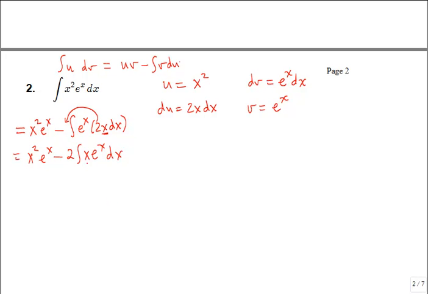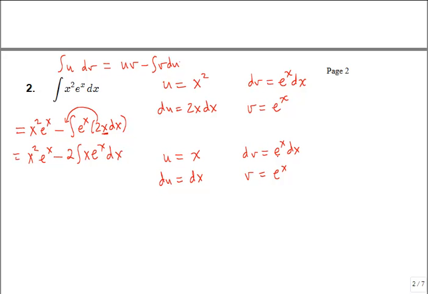So what we're going to do when we get to this point is, if we didn't already know the result from example 1, we would do integration by parts again. And that was where we let the u be the x part and the dv be the e to the x dx part. So du, the derivative, is just 1 times dx, or just dx, and v is the integral of e to the x dx, which is just e to the x.